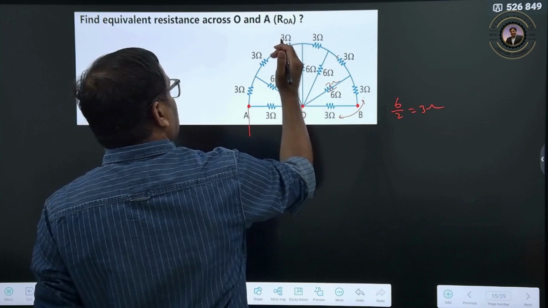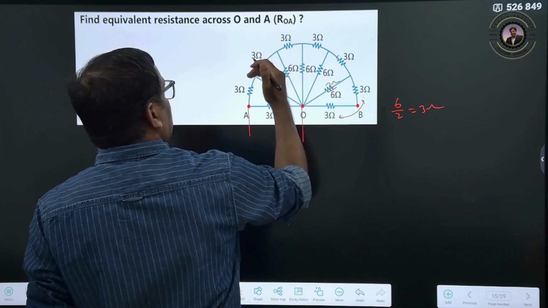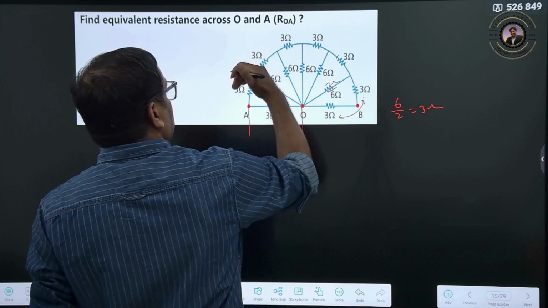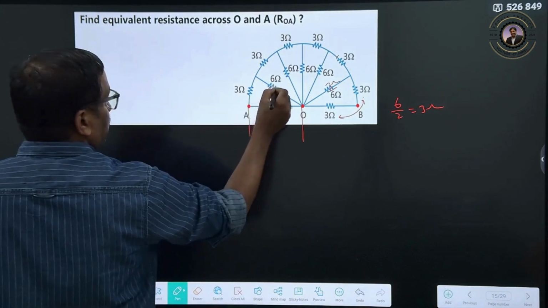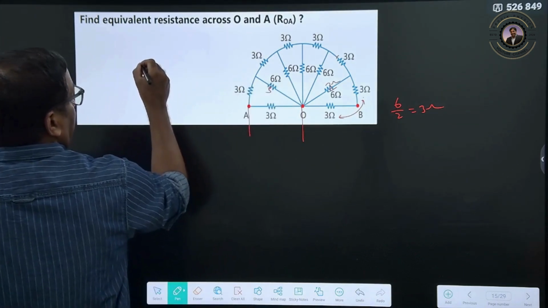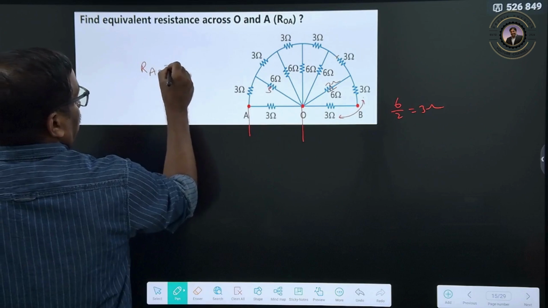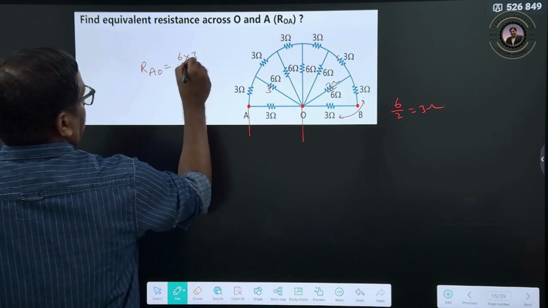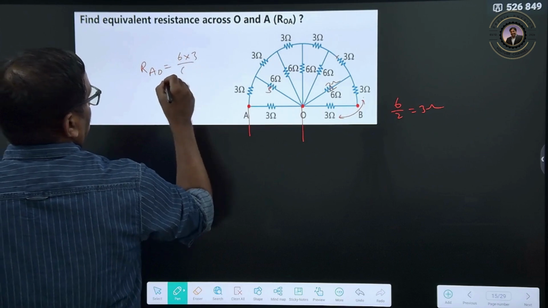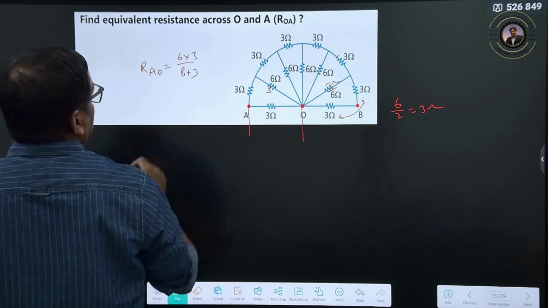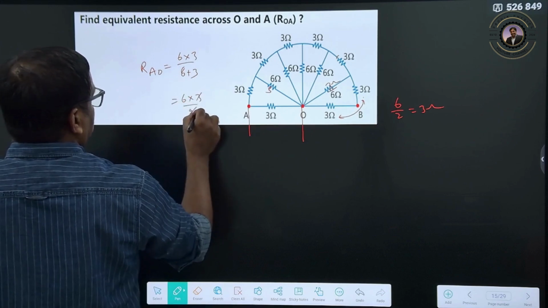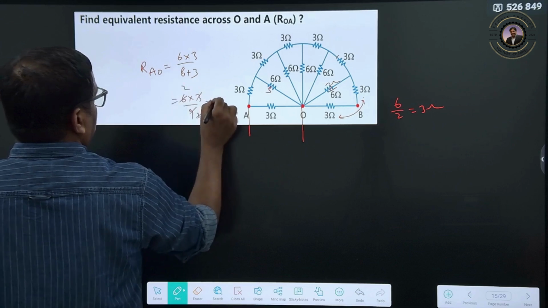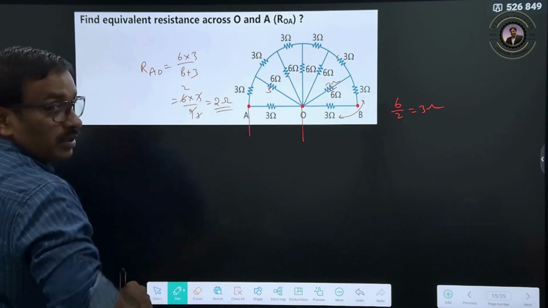This is nothing but 6 and 3, so the equivalent resistance RAO will be 6 into 3 by 6 plus 3, so 6 into 3 by 9, which is 2. So 2 ohms will be your answer, clear.